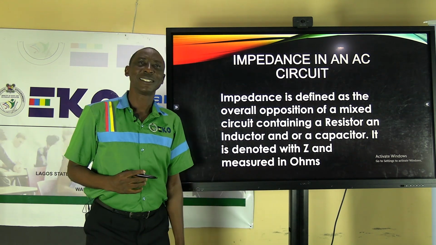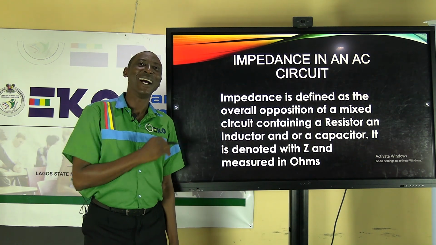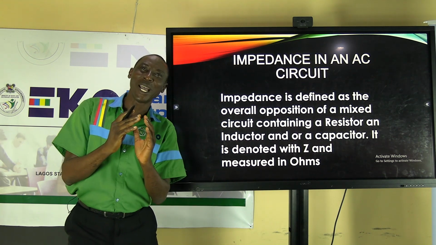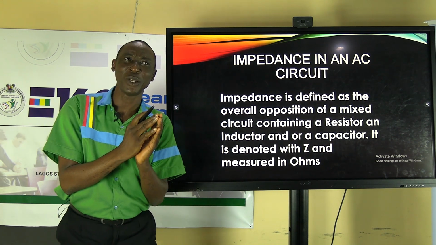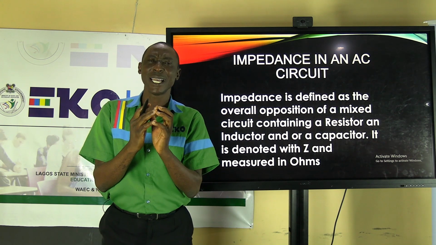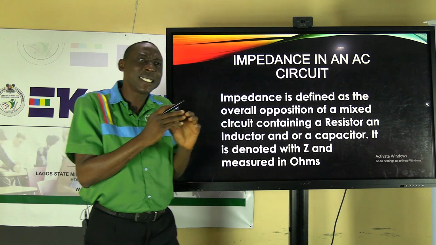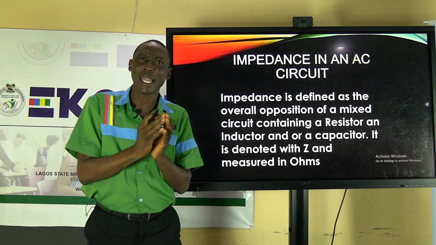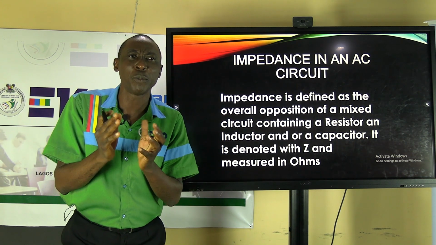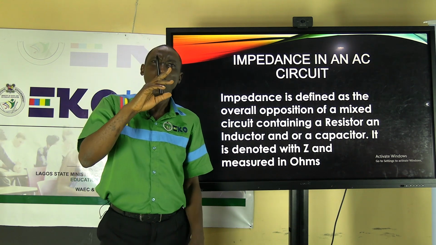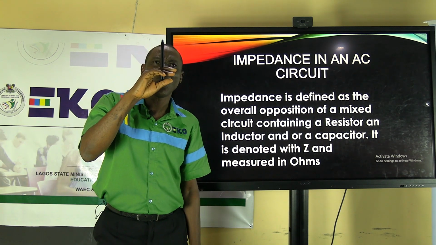Impedance. Just like we have resistance in DC, we have reactance and impedance in AC. A resistance is an opposition. Similarly, reactance is an opposition. Now, one opposition is a reactance.